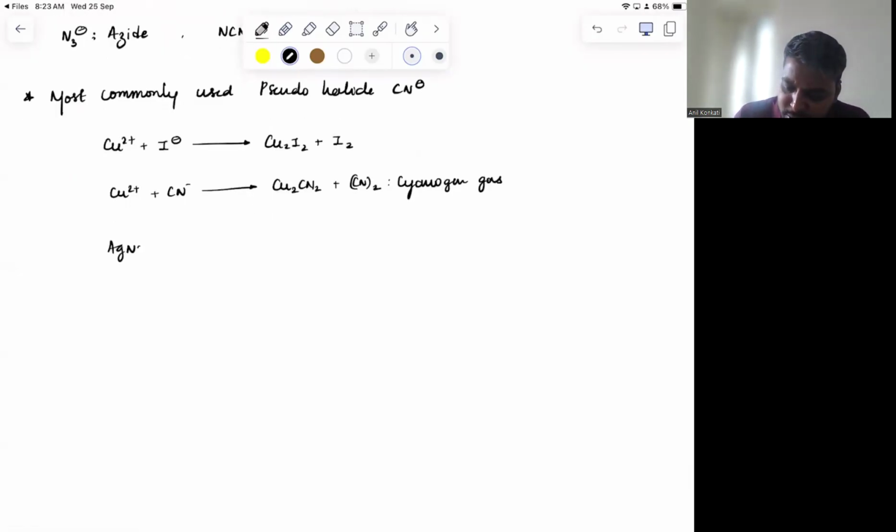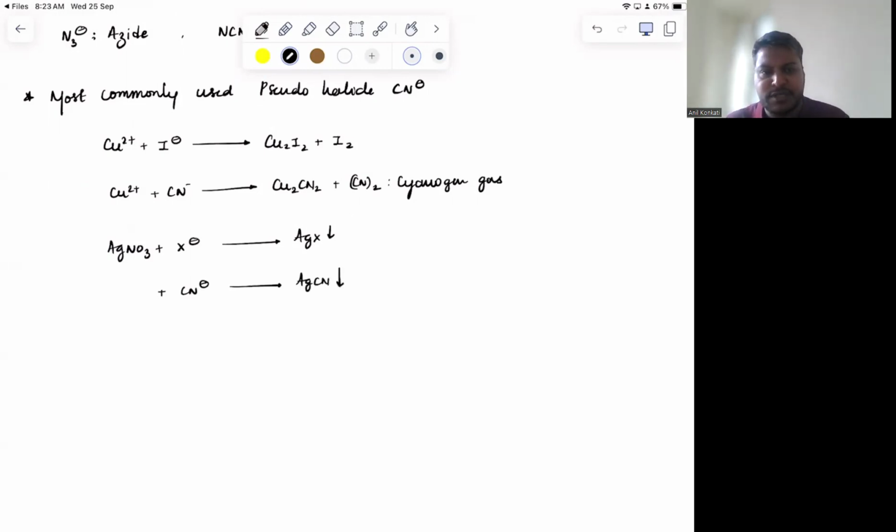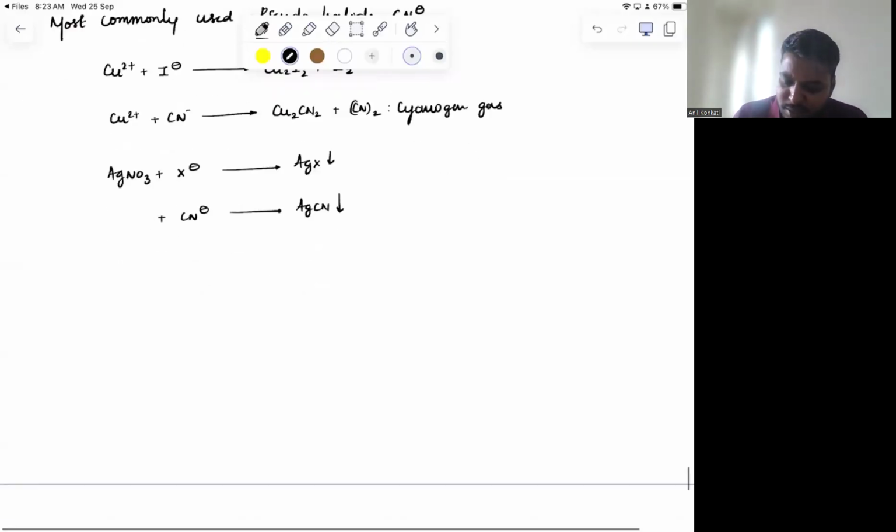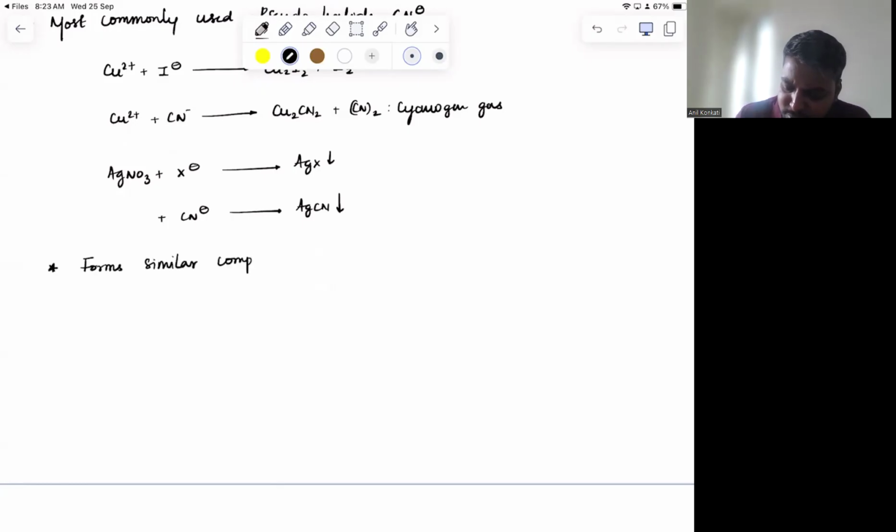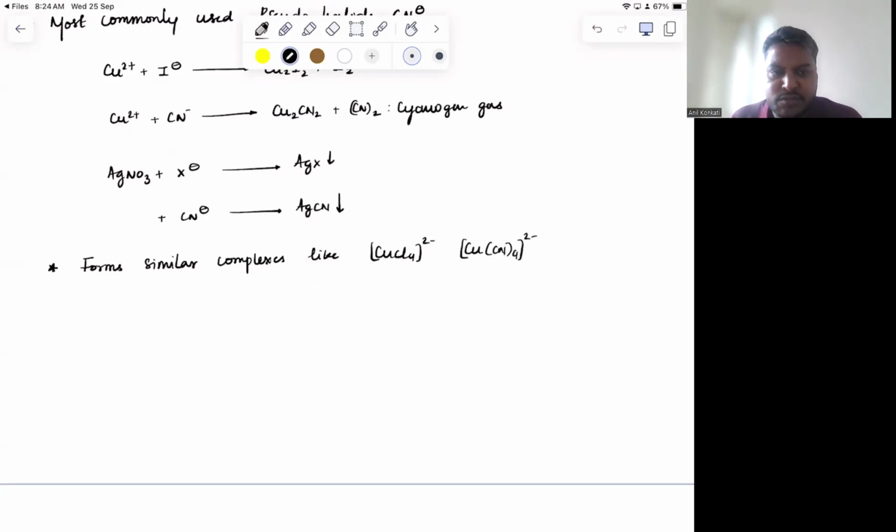In the same way, AgNO3, if you react with any halide, I will get AgX as a precipitate. And if you react with cyanide also, I will get AgCN as a white precipitate. So that is also a similar form. Clear? It forms similar complexes also. Like if you take CuCl4 2 minus, you will also have Cu(CN)4 2 minus. In a very similar way, this has also been formed.